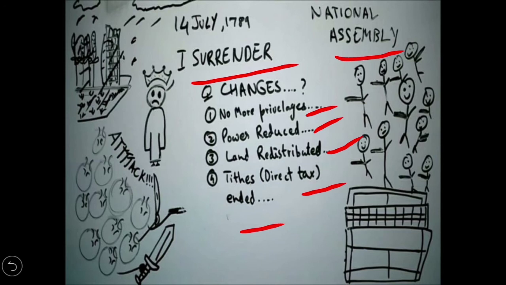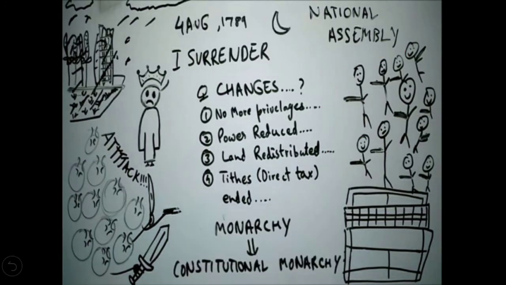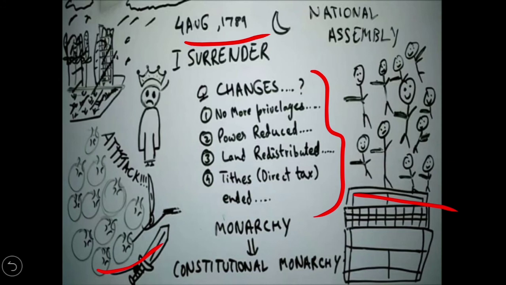So, when King Louis XVI surrendered himself to the National Assembly, all these changes took place in France. And finally, on 4th August 1789, these changes took place, and the National Assembly framed its own constitution, and monarchy changed into constitutional monarchy.